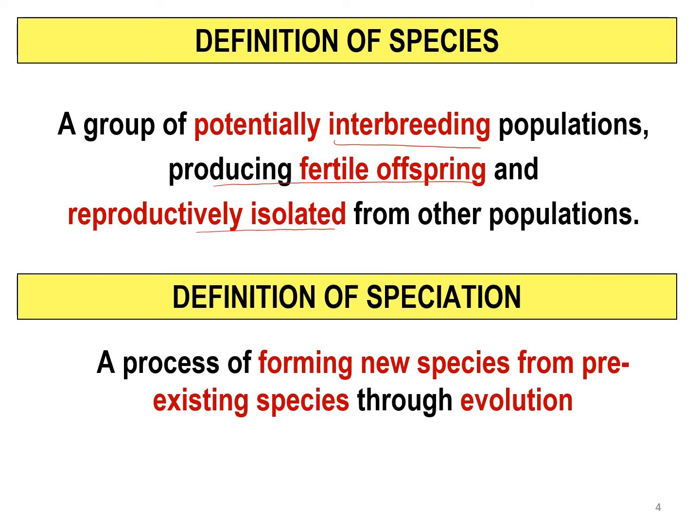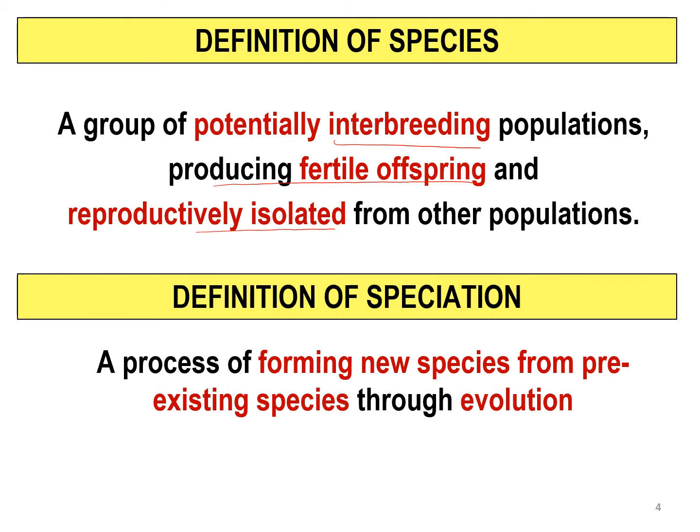So their next generation interbreed and produce another generation with the same characteristics of their F1. So that is what we call the same species. So a Siamese cat and Persian cats, as long as they can produce a new generation together, interbreed, meaning that they are in the same species.